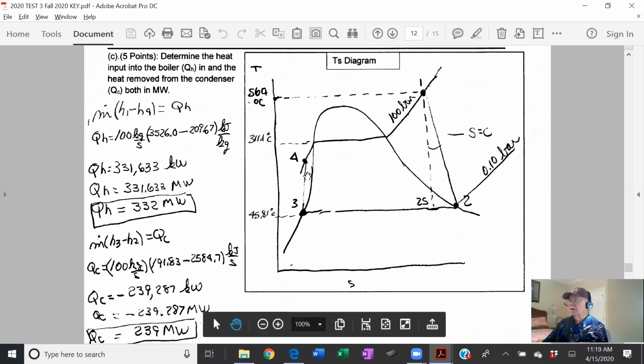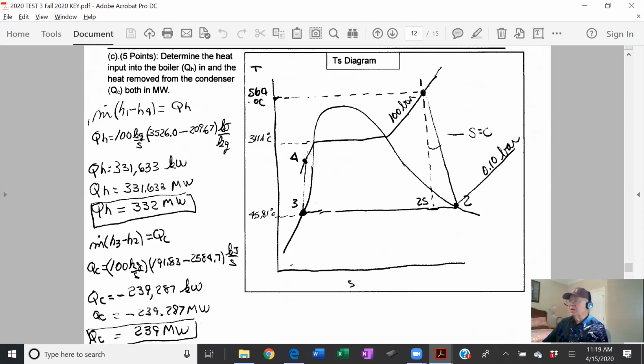The boiler takes this and goes along this constant 100 bar pressure line. The saturation temperature here, where the pressure and temperature are the same, is 311. As soon as you hit here, you start going up in temperature at constant pressure, all the way through the superheated zone.